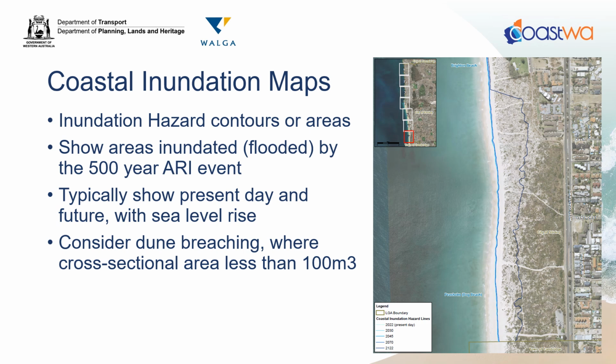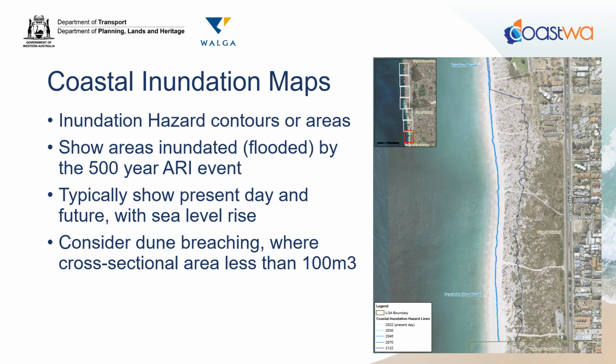So the coastal inundation maps show inundation hazard contours or areas. They show areas inundated or flooded by the 500-year ARI event or the 0.2% AEP event. They typically show present day and future cases, which include sea level rise, and they also include things such as dune breaching.